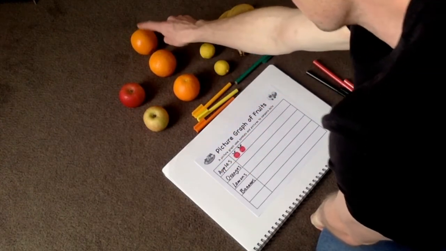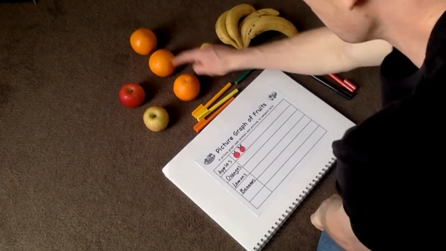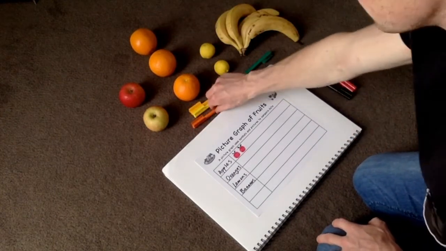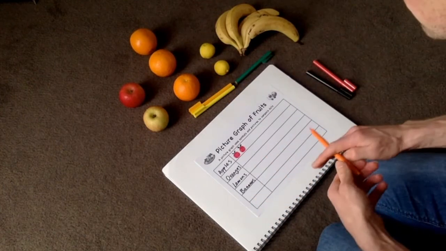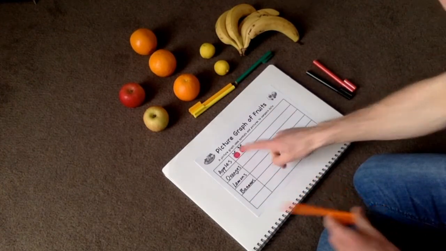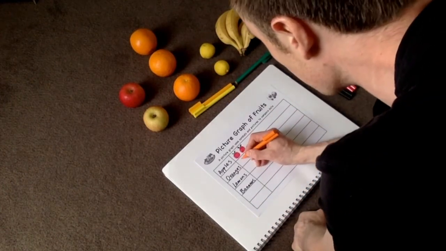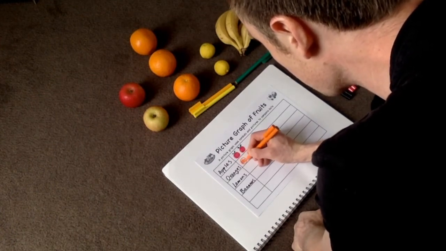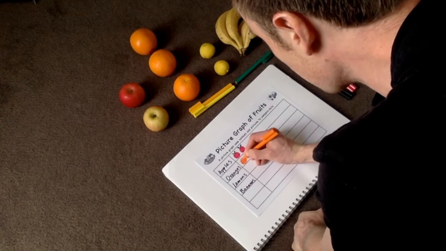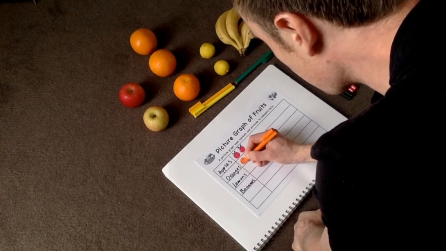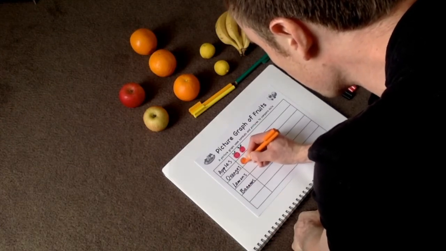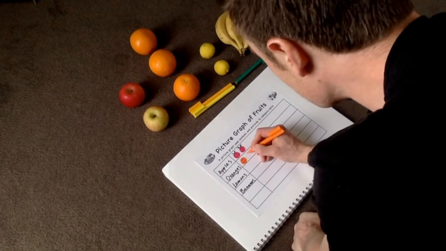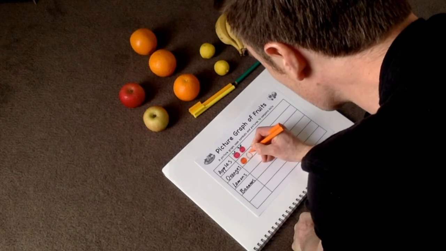to the next one. I'm going to draw my 3 oranges. Now see how I've laid them out like that? That makes it easier for me to draw. So all I have to do is put it in there, like that. I'm going to draw my oranges, making sure that it's nice and neat so people can see that they're oranges.